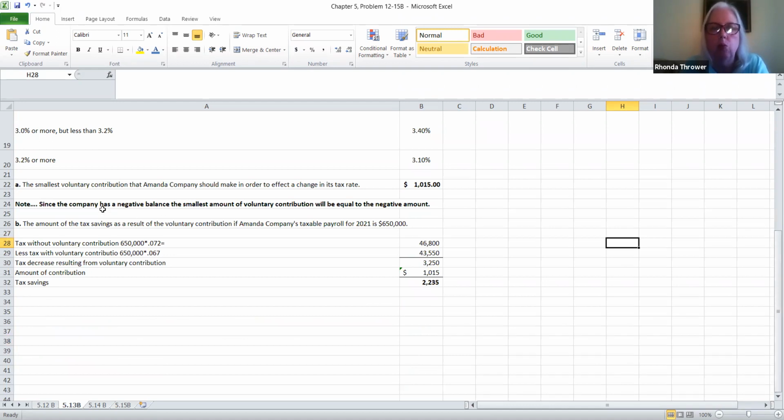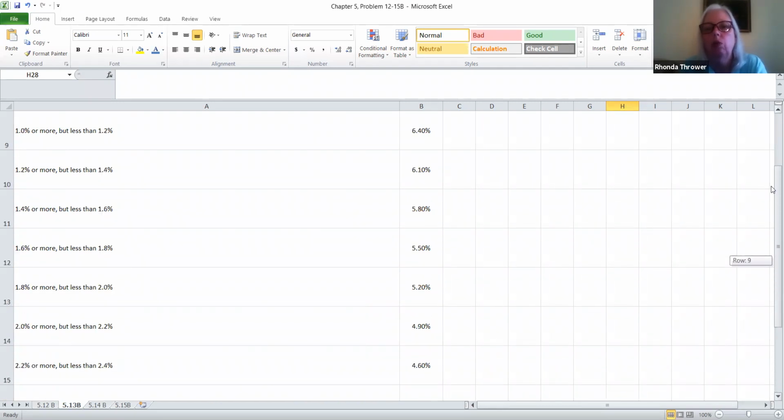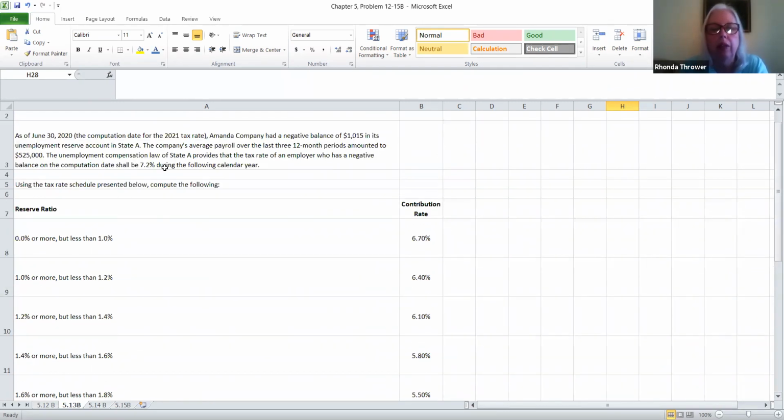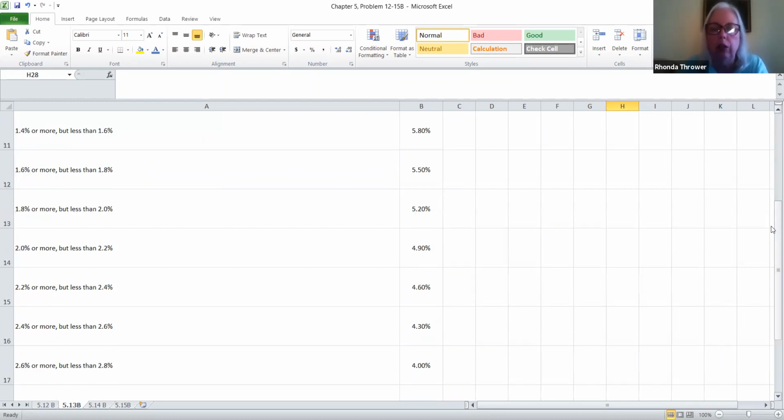And then what they want you to find out is the smallest voluntary contribution that the Amanda Company should make in order to affect a change in its tax rate. So in other words, if we want to make this go from a 7.2% contribution rate to 6.70%, how much are we going to have to contribute?